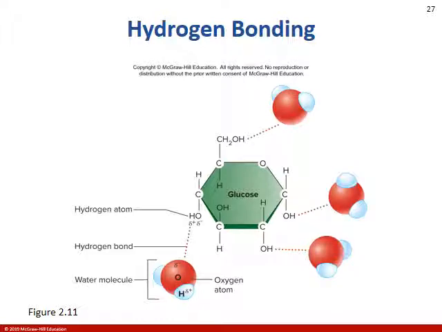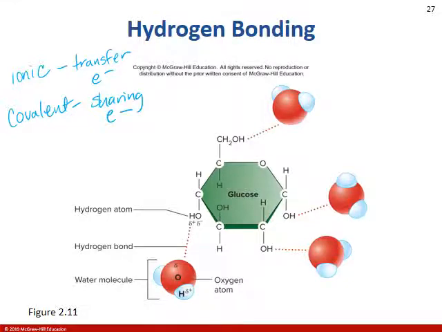The last type of bond is a hydrogen bond. So we talked about ionic, that's transfer of electrons. Then we talked about covalent, that's sharing electrons. And now we're going to talk about the third type, which is hydrogen bonding.